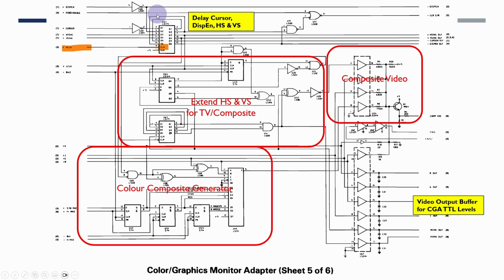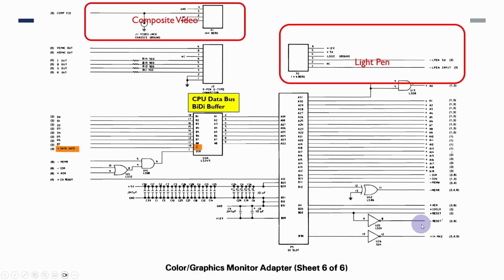So we may not need all of these bits here. Then finally, the original design had a buffer to send the output to the CGA TTL monitor inputs. We're going to be using VGA, which produces an analog 0 to 0.7 volt output, which is VGA compatible. So we're going to be using the VGA palette chip in this area.